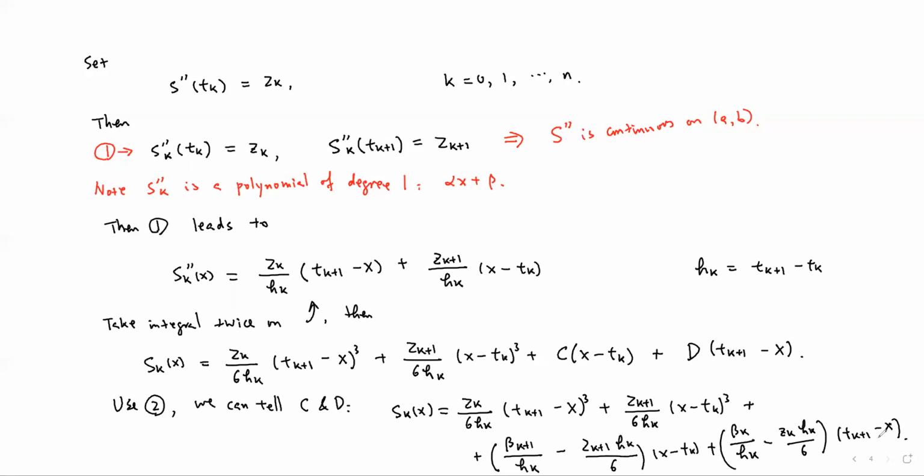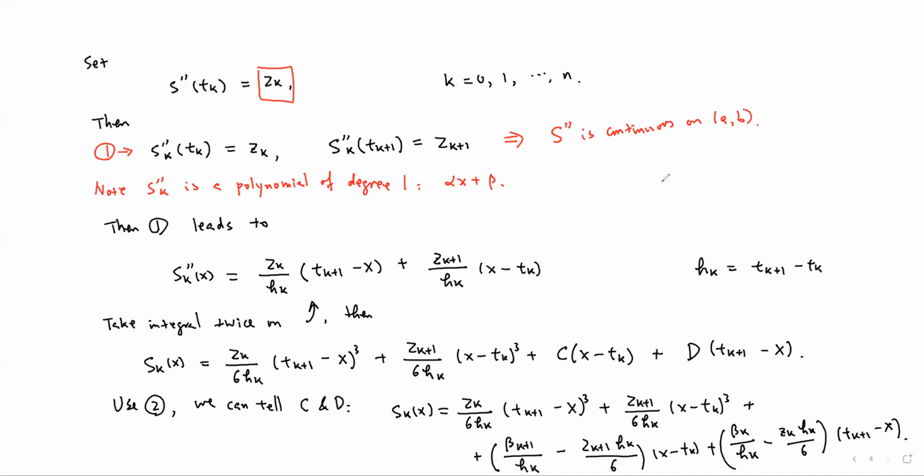Now, the next question is how to determine c_k. We don't know these quantities yet. If I know c_k, then I know S_k, because S_k involves c_{k+1}. Let me determine c_{k+1}. What conditions have we used so far?